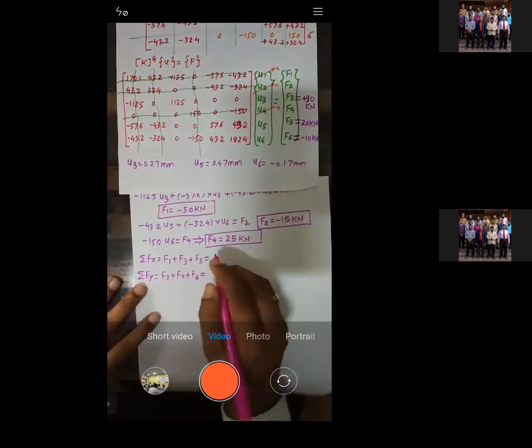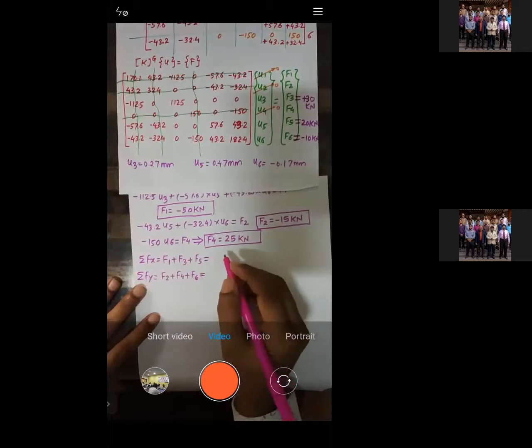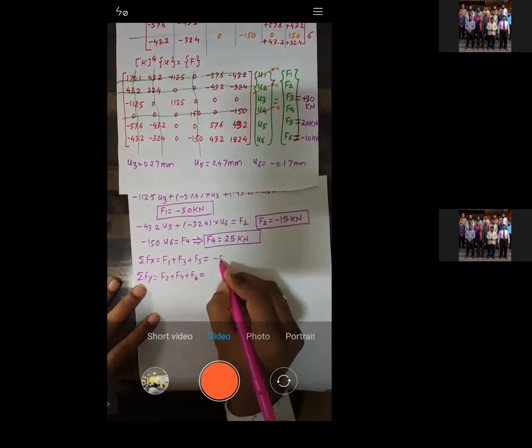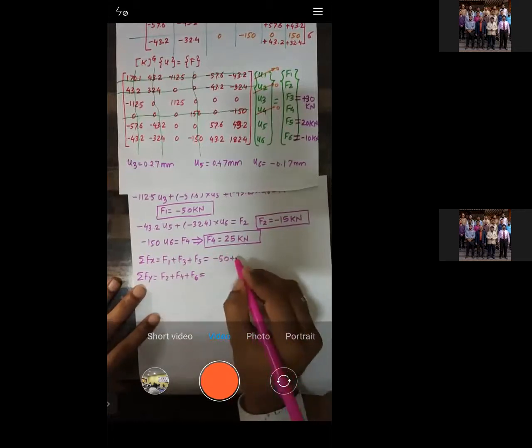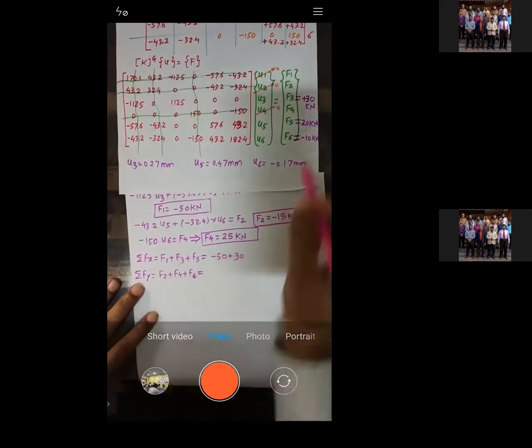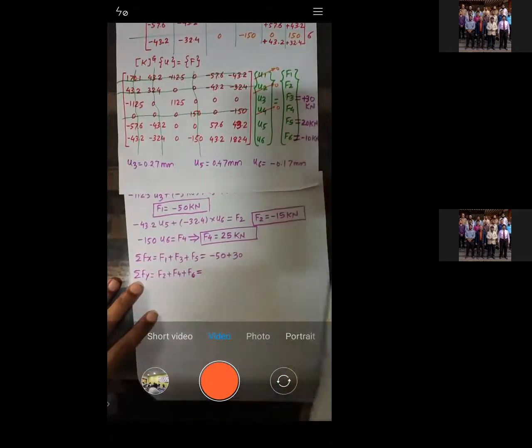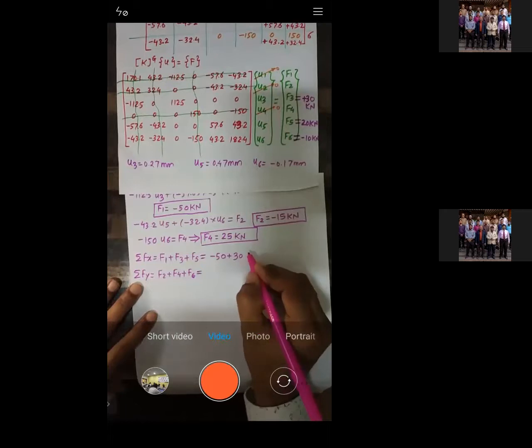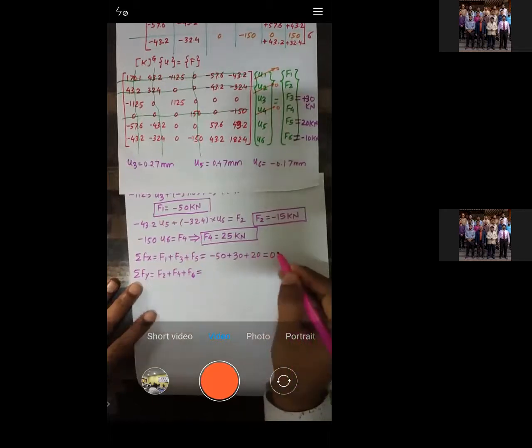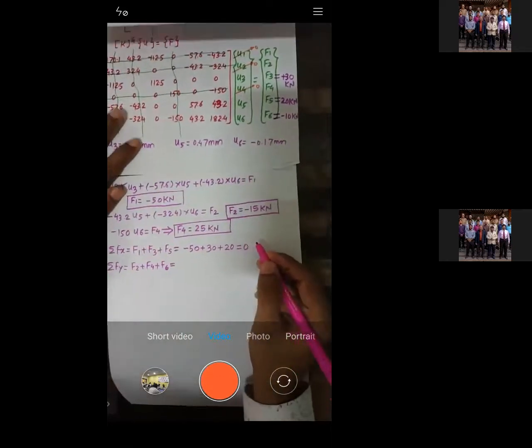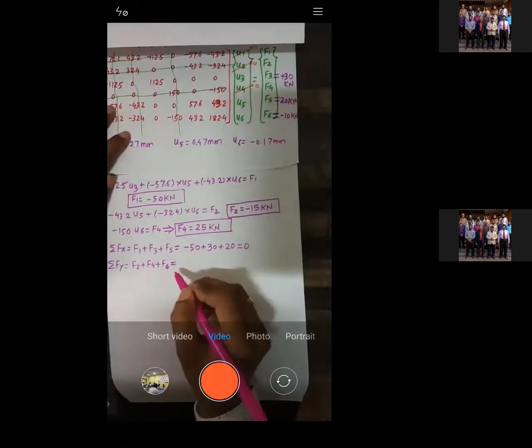What is the value of F1? We got minus 50, plus F3 is 30, plus F5 is 20, so the summation of forces in the x direction is equal to 0. Similarly, let's do the summation of Fy.